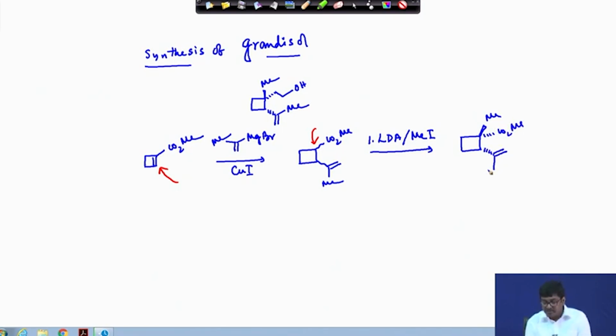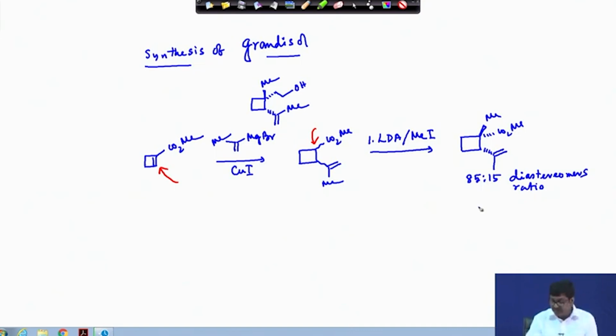Once it gives this quaternary center, the ratio of the 2 diastereomers is 85:15. Obviously the other diastereomer also forms, but this will predominate.